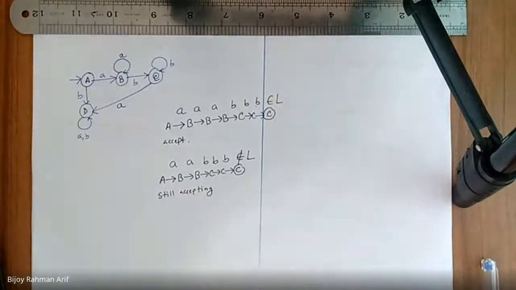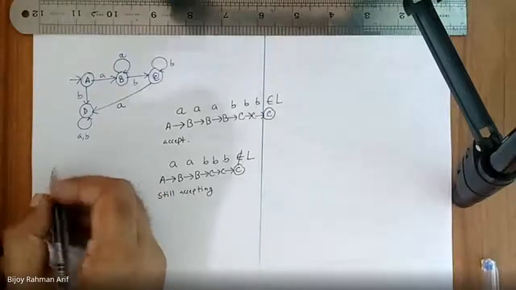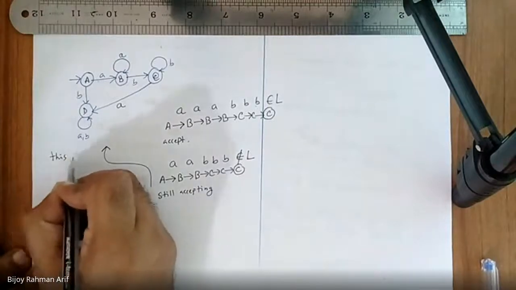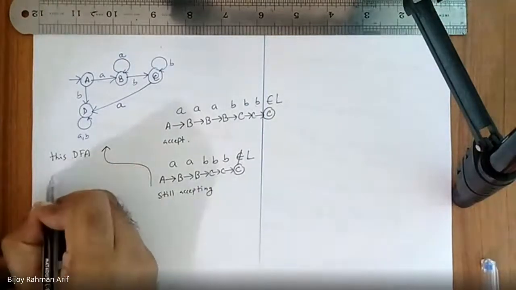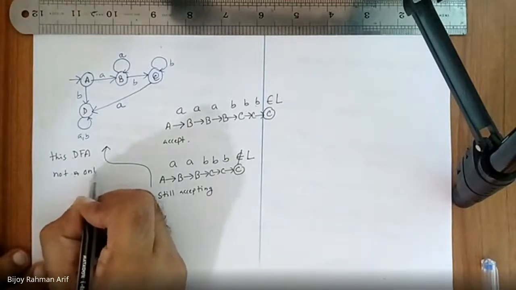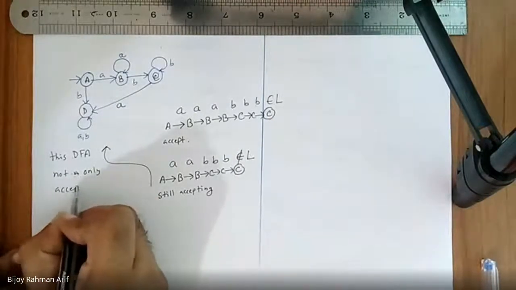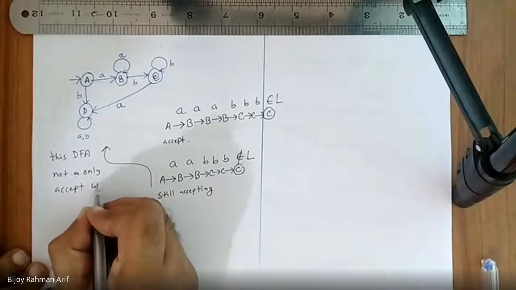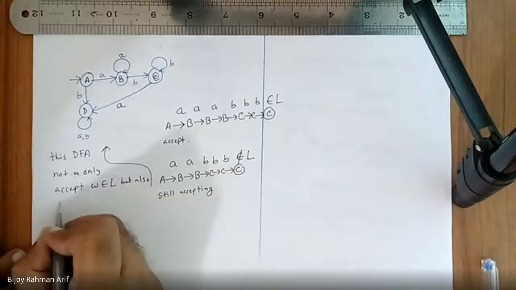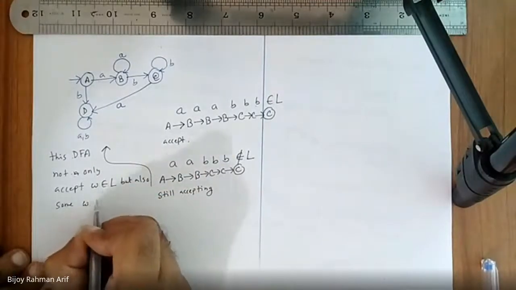So what is the meaning of this? It means this DFA not only accepts strings that belong to the language, but also some strings that do not belong to the language.